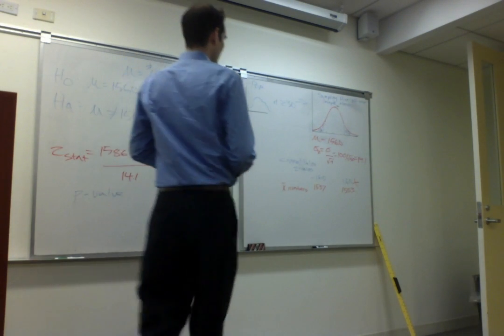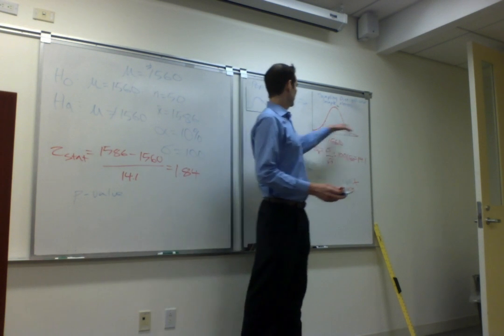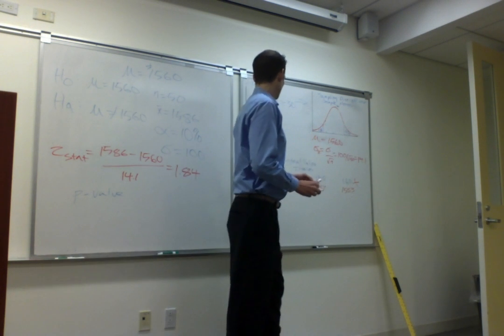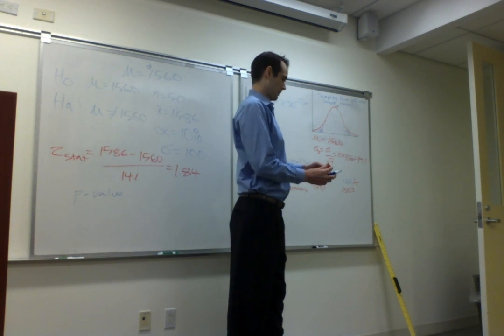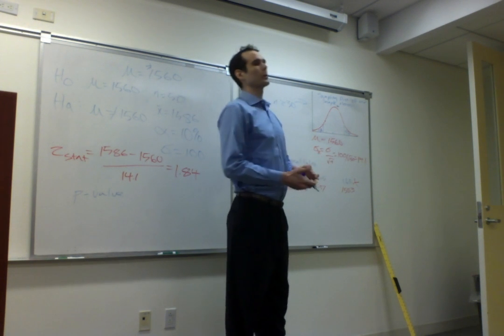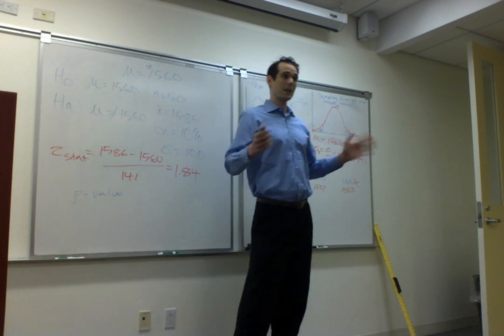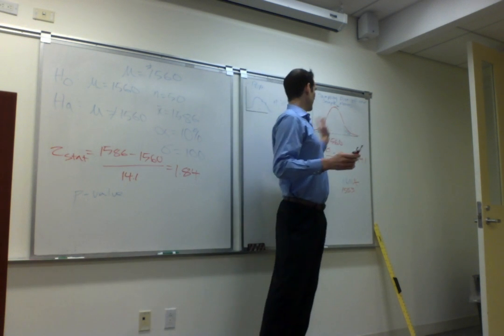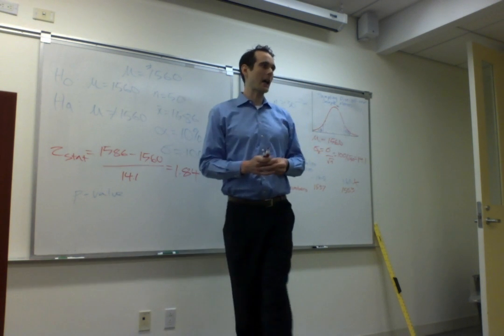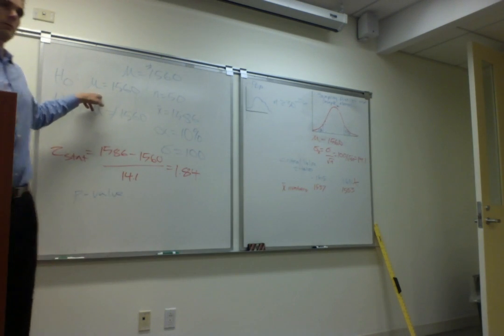So we know that, given our significance level of 10% and given that we rejected this null hypothesis, there's a 10% chance that we would have found something as extreme as that if this were true.